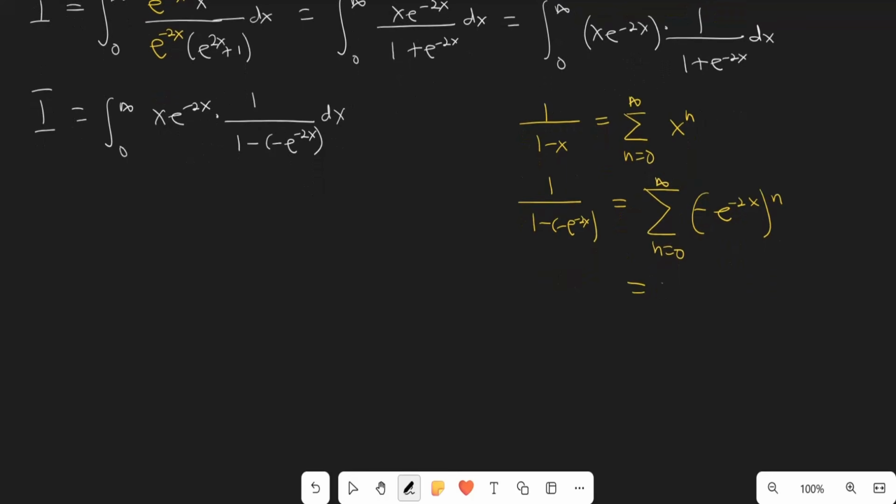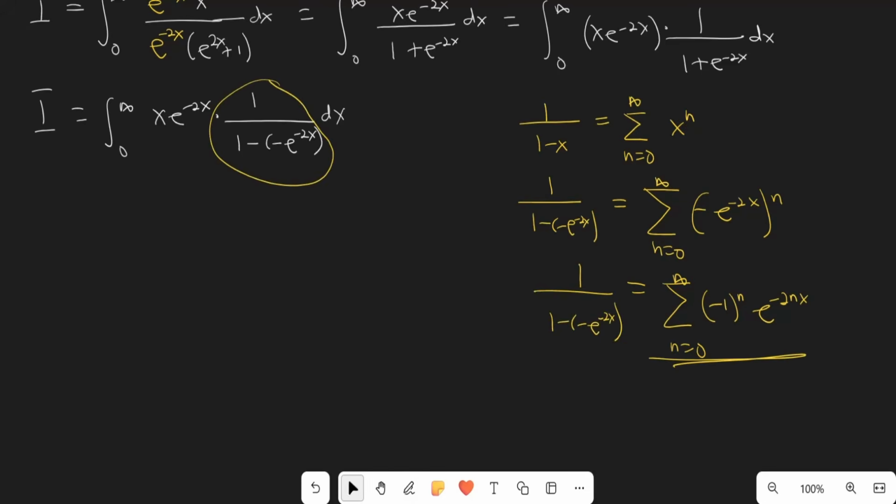This can be simplified into the summation n from 0 to infinity of negative 1 raised to the power n e raised to the power negative 2nx. And this is the same as 1 all over 1 minus negative e to the negative 2x. So in place of this in the integral, I'm going to replace it with this.